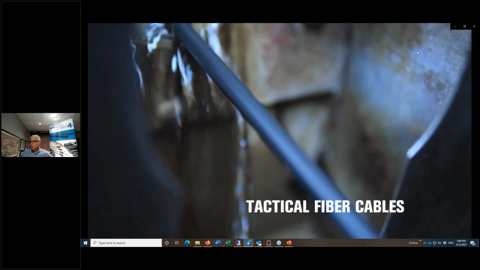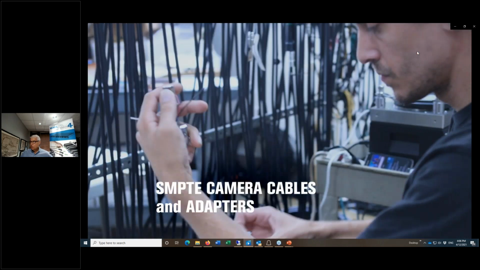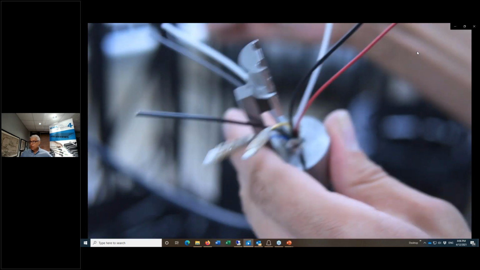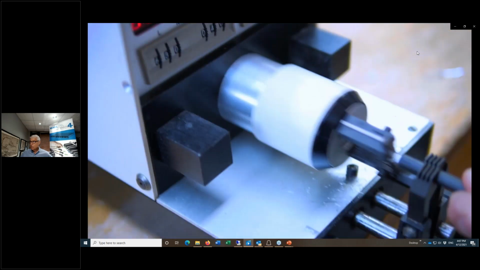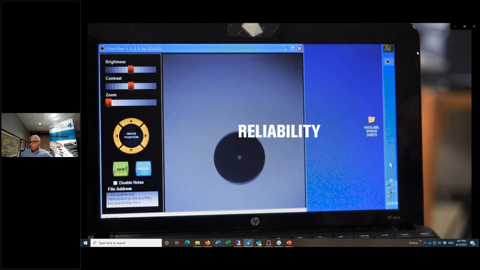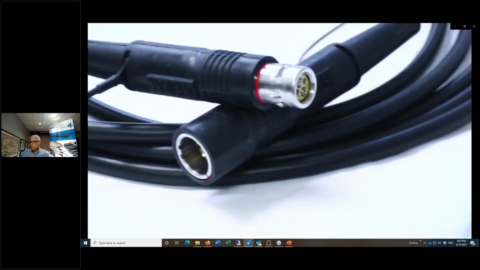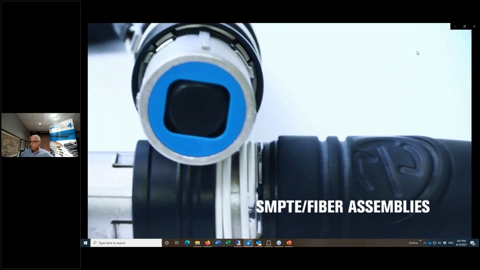Final extrusion. And SMPTE connector termination. Don't try that at home. And the finished product, one of them anyway.